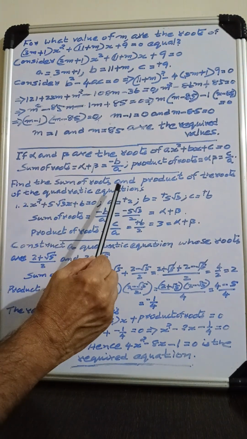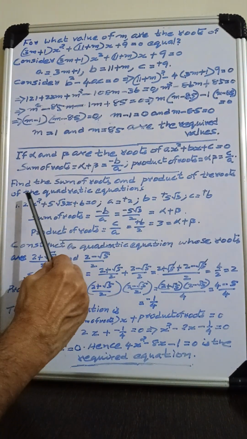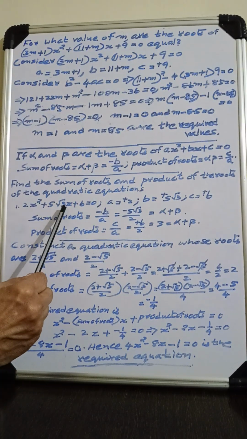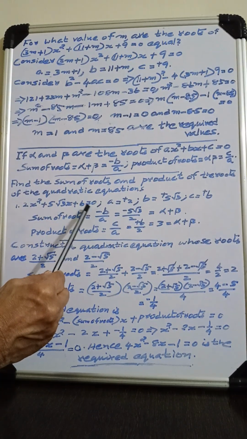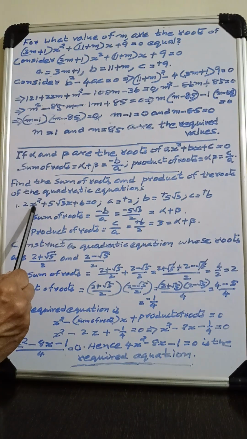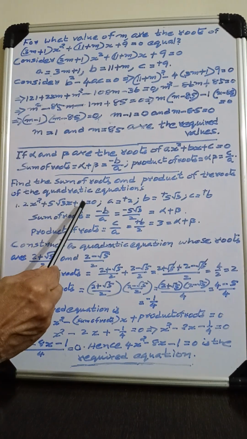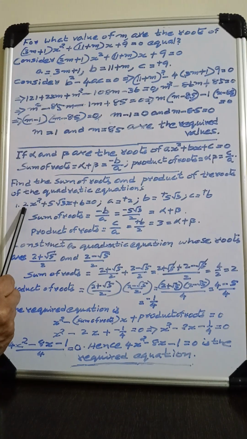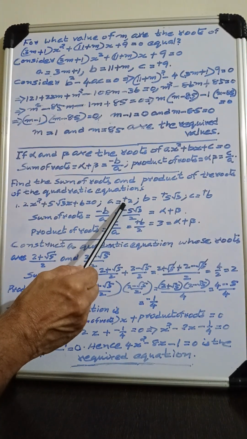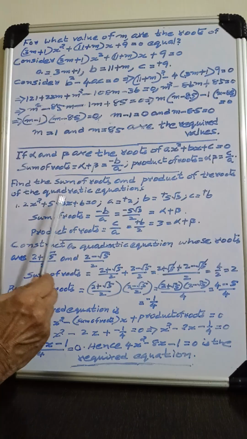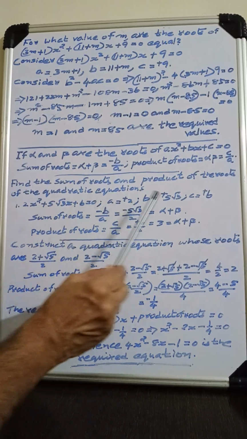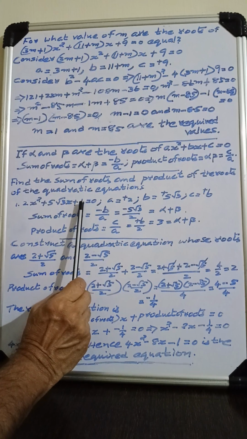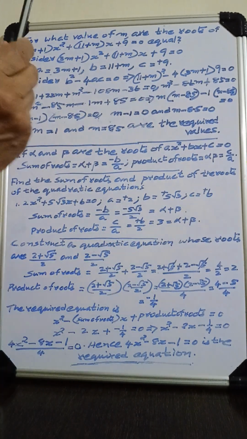Find the sum of the roots and product of the roots of the quadratic equation 2x squared plus 5 root 3 x plus 6 equals 0. That is ax squared plus bx plus c equals 0, therefore a equals plus 2, b equals plus 5 root 3, and c equals plus 6.